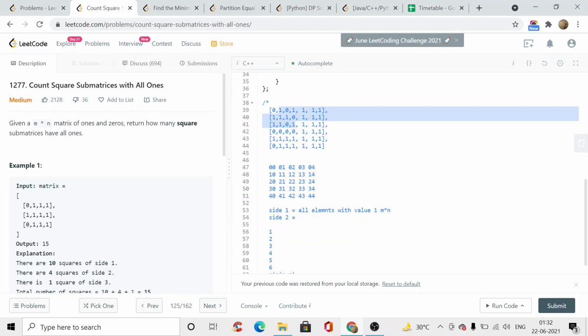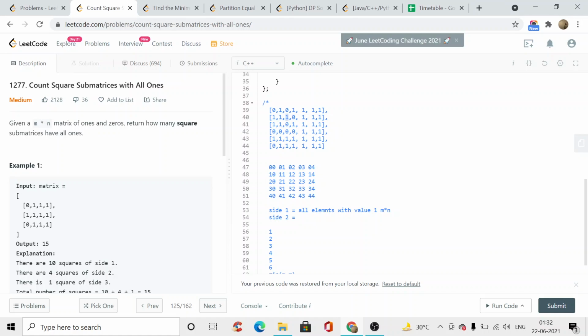But if it is something like this element that is 0, it is not possible that it is going to make any square, not even a side 1 square, side 2 square, or side 3, because it's going to be 0. That's what the question says. So we are going to skip when it is 0. When it is 1, only then we check what squares could be formed.